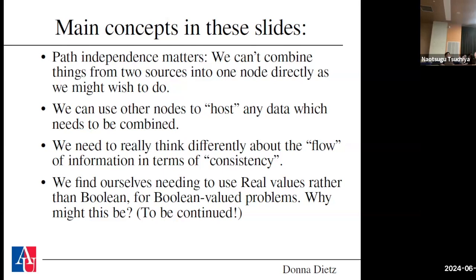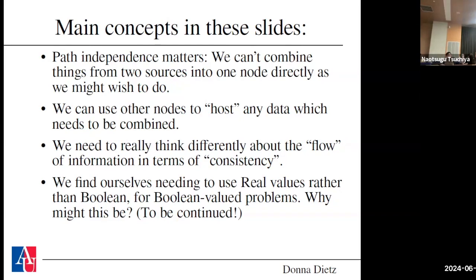That's hard to wrap your head around because that's not the way we normally use points and arrows in our head, the way we normally write on paper. We can use other nodes to host data, the ones I call little headquarter nodes or mini headquarters. We need to think differently about the flow of information. It's not time dependent. It's not electrons flowing through the model. It's a question of consistency of the whole system.